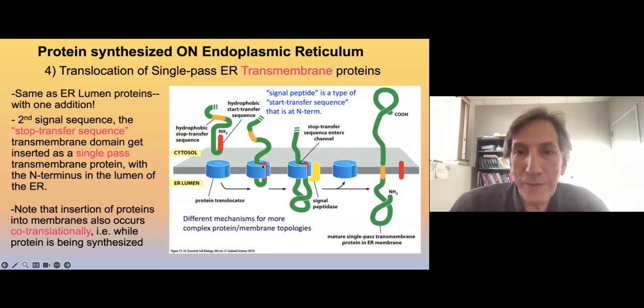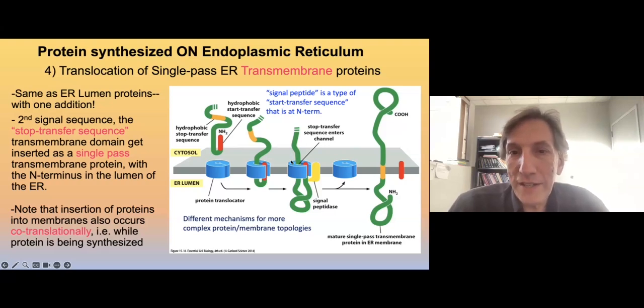The start transfer sequence does the same thing for both types of proteins. But if you have a stop transfer sequence, then the translocation stops and the signal peptide gets cleaved off by a signal peptidase, and you're left with this final product.